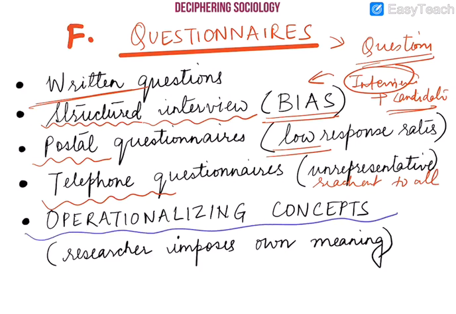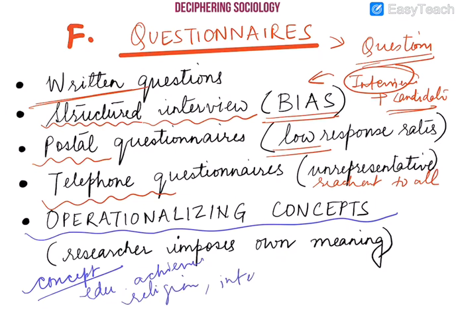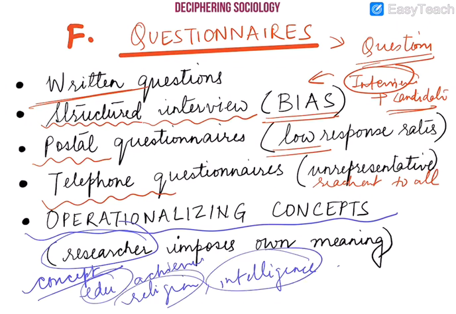Now there's an important term that you should know. In questionnaires, what happens? Here the questionnaire is about a certain concept. For example, if a questionnaire is about educational achievement, religion, intelligence, then the researcher thinks that education, religion or intelligence is important enough for him or her to come up with a questionnaire.